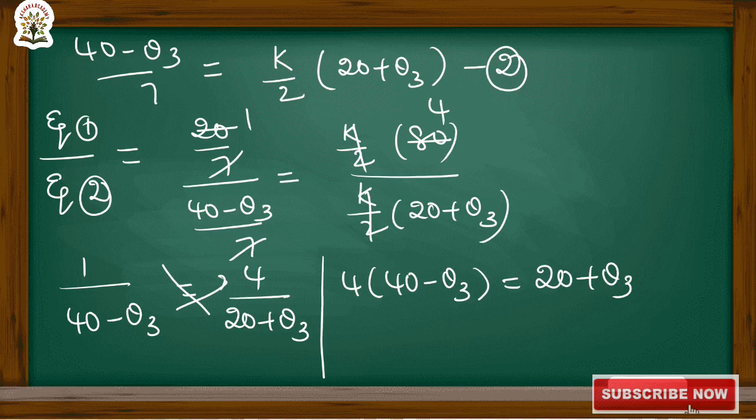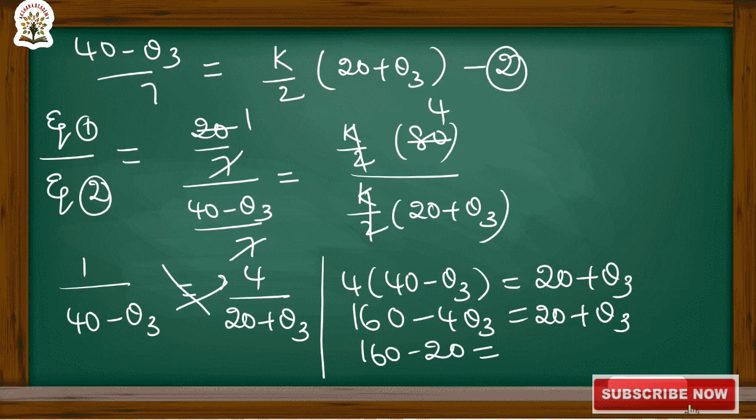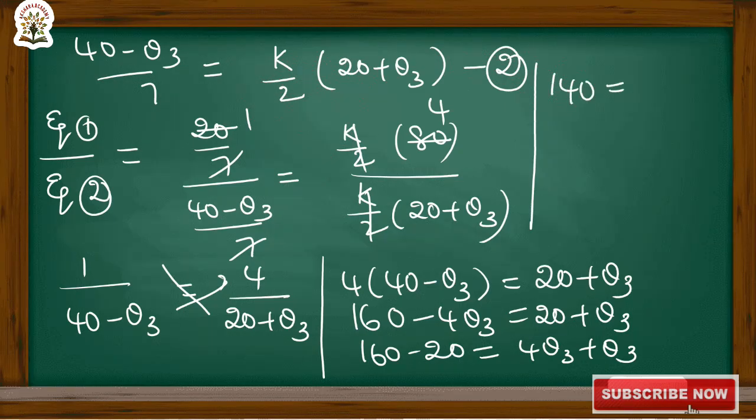4 fours are 16, so 40 into 4, 160 minus 4 theta 3 is equal to 20 plus theta 3. 160 coming this side, 160 minus 20 is equal to 4 theta going that side, plus 4 theta, so 4 theta plus theta 3. In the last step we are writing 160 minus 20, 140, is equal to 5 theta 3.